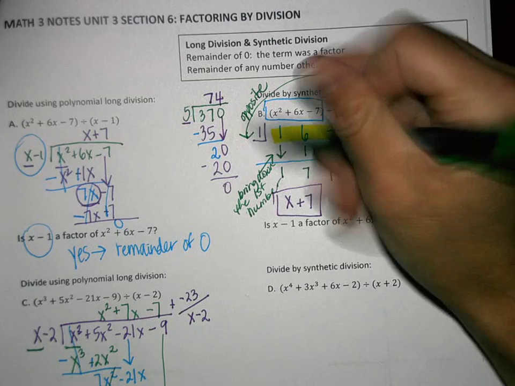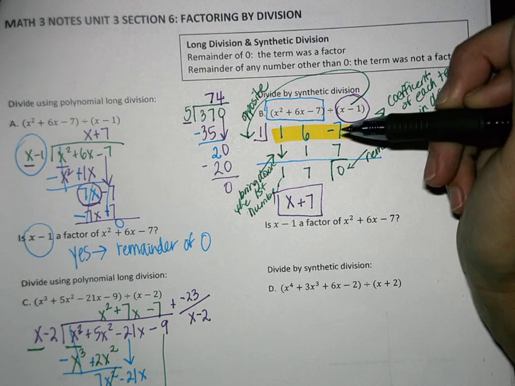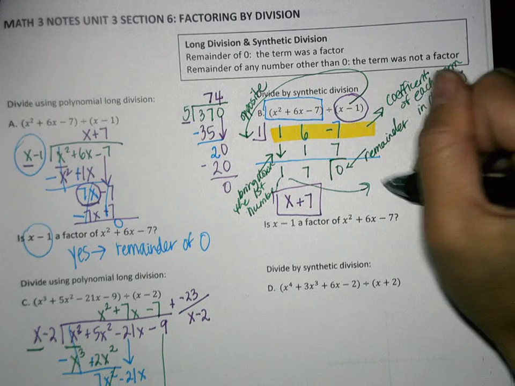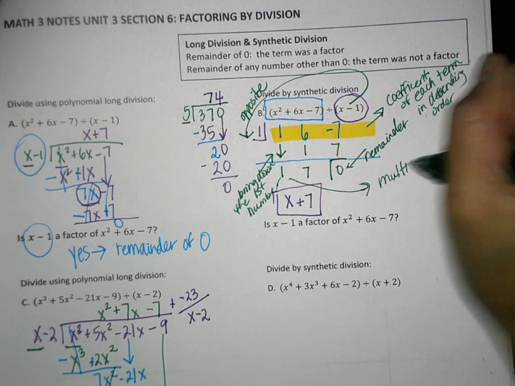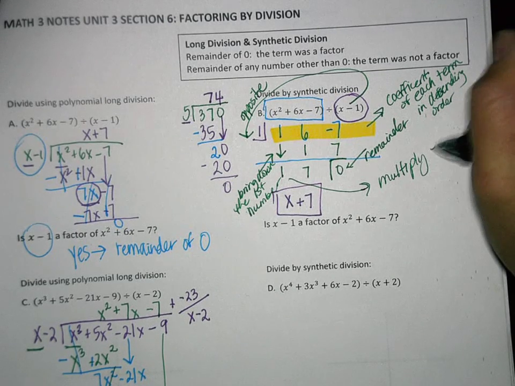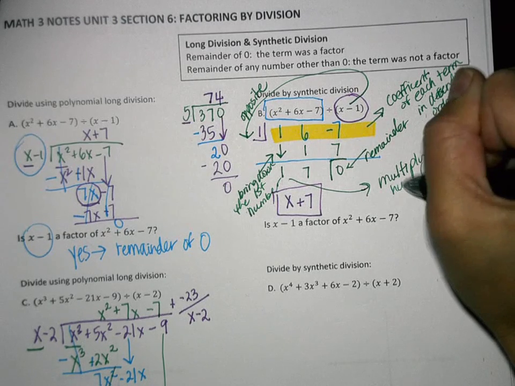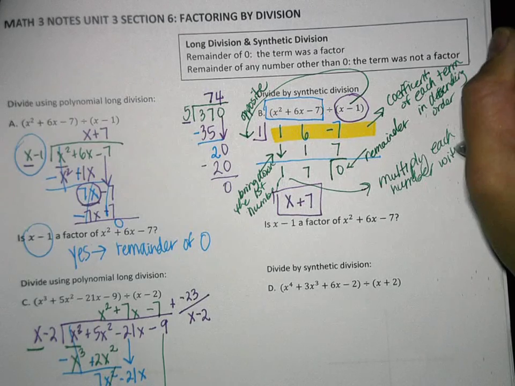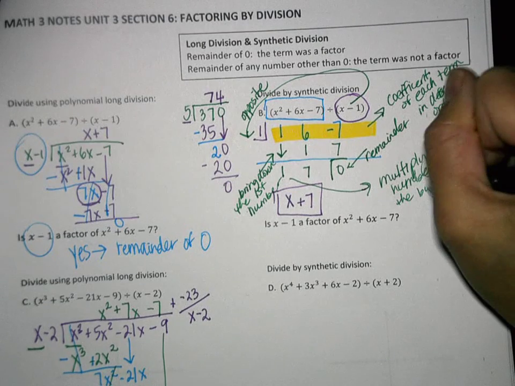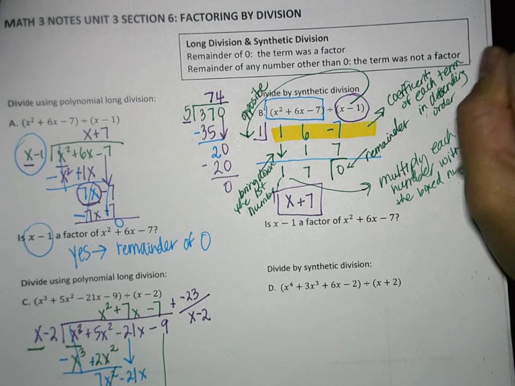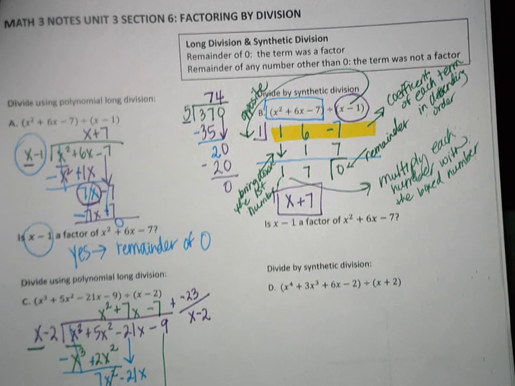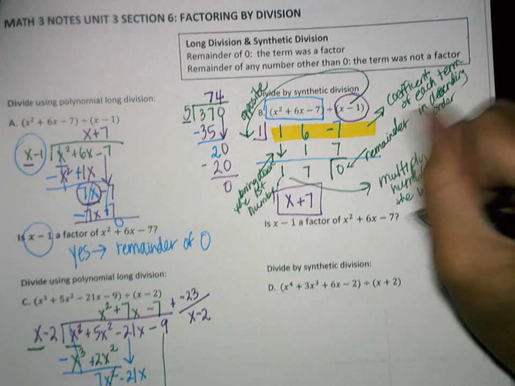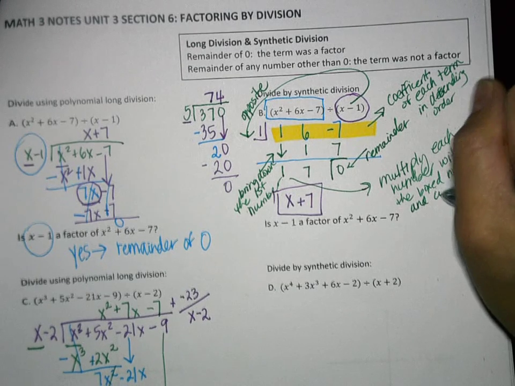Multiply each number and write it in the middle. Multiply each number with the boxed number and combine terms. Hopefully you guys will be okay.